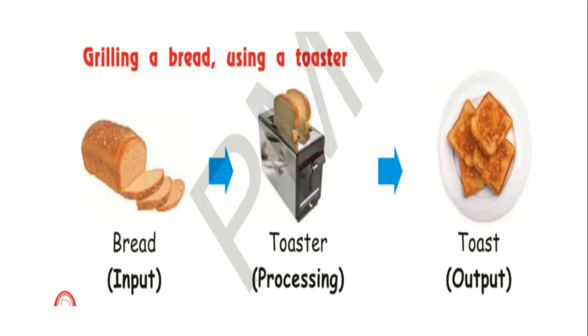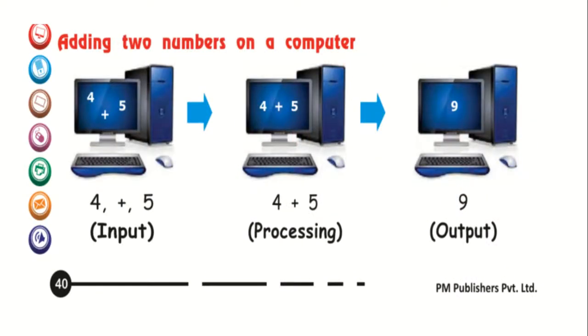Let us take one example on the computer for making it more clear how input, processing and then output takes place. Look at this example children. Adding two numbers on a computer. Say you want to add 4 and 5 on the computer.